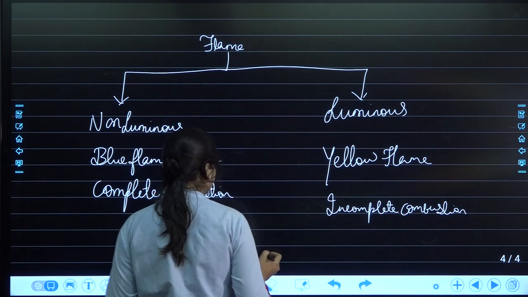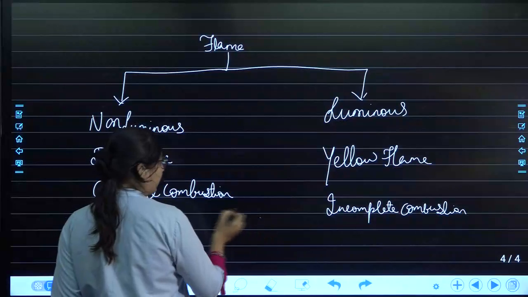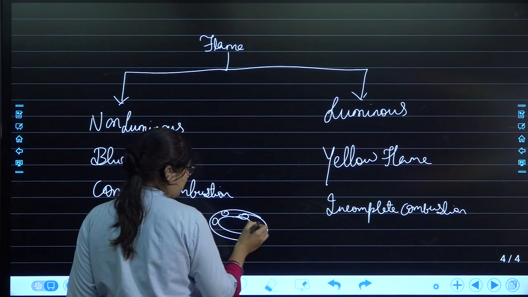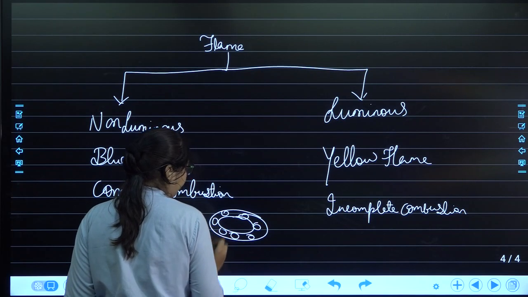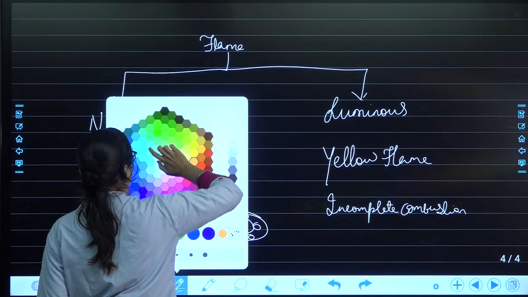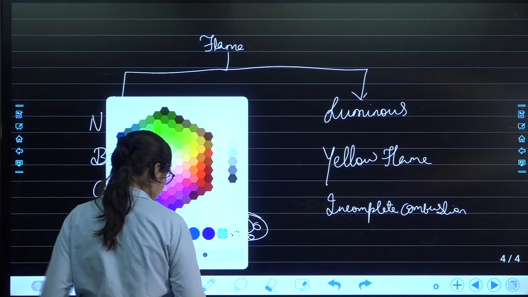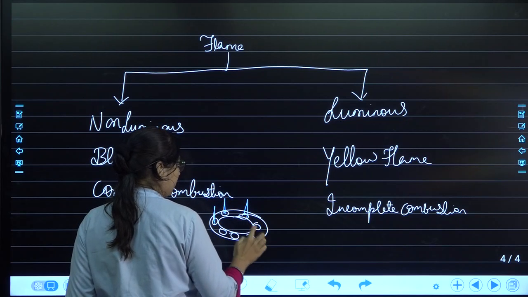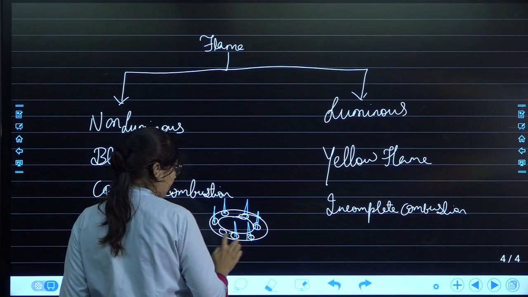For example, you are burning a gas burner which has some holes. Then what will you observe? You will observe blue flames coming out of the holes.